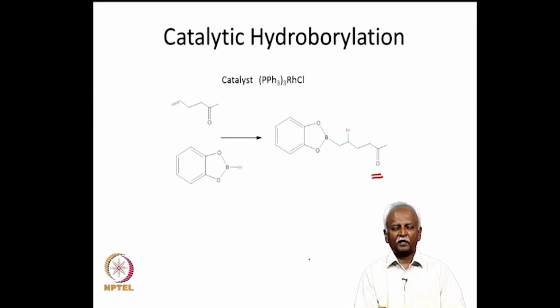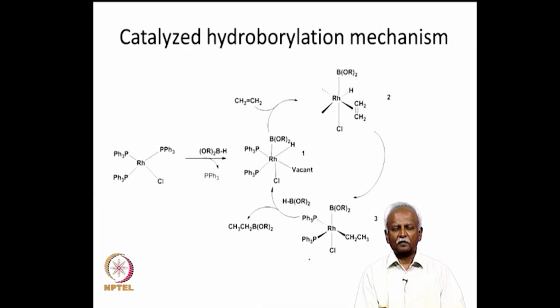Now, the mechanism of this reaction could be envisaged fairly easily, because we know what happens with the Wilkinson's catalyst, and I have a catalytic cycle drawn for you here, which should be very familiar to you from what we have been looking at.